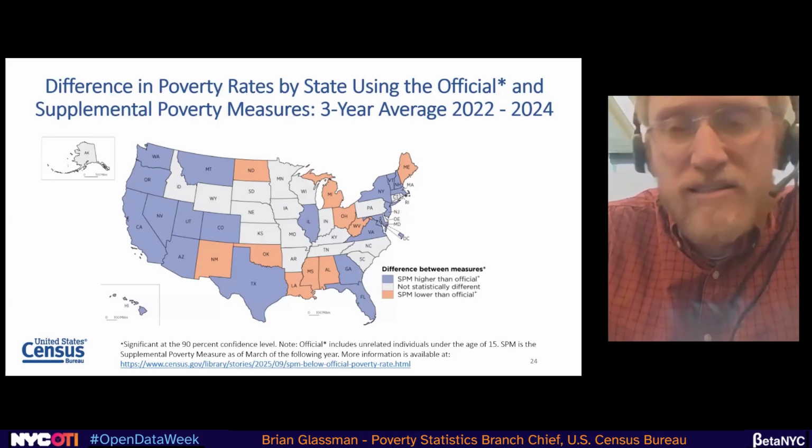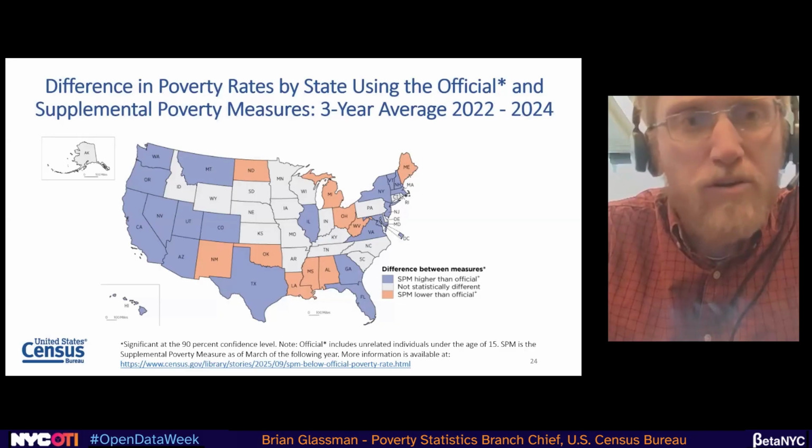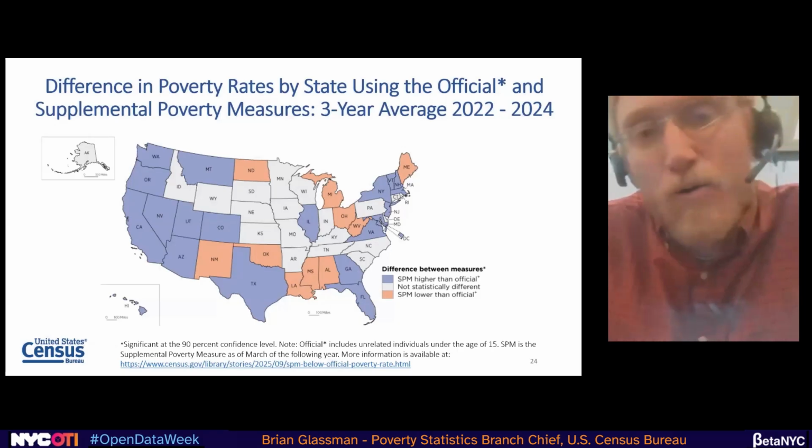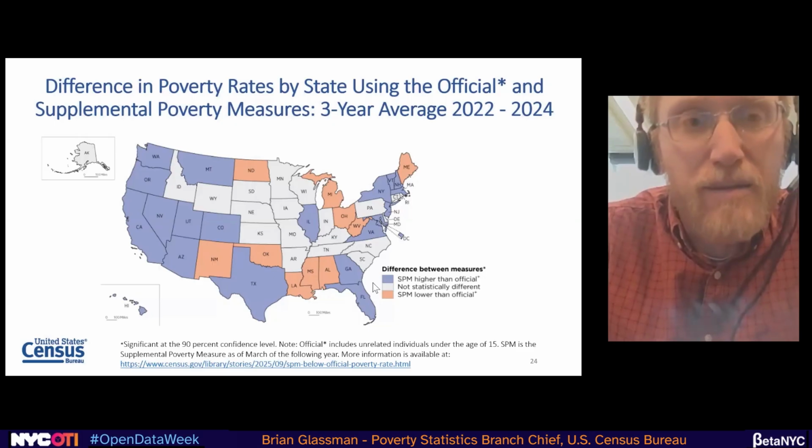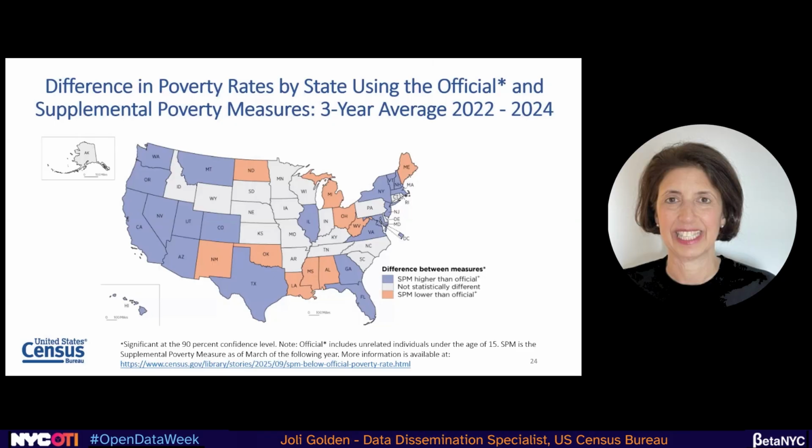And in some work that we do, we try to break down why that might be the case. There is a working paper that is hopefully coming out soon that is looking at people that are poor according to one measure, but not according to the other measure, and how maybe they differ by demographics and stuff like that. And that can be seen in the different states. Okay. Thanks so much for chiming in.